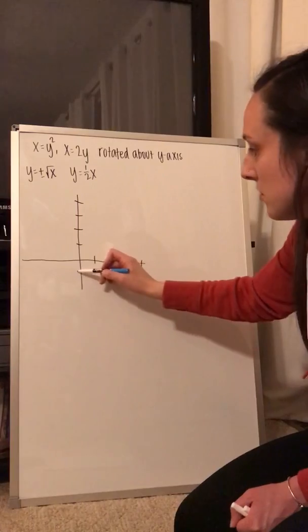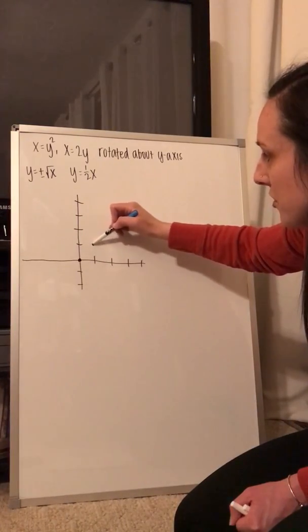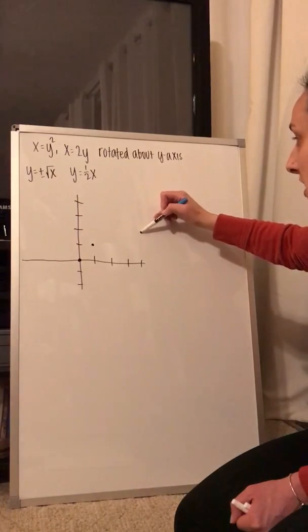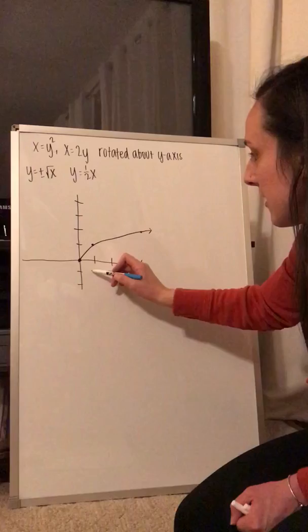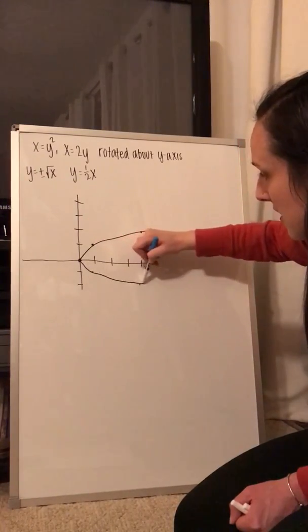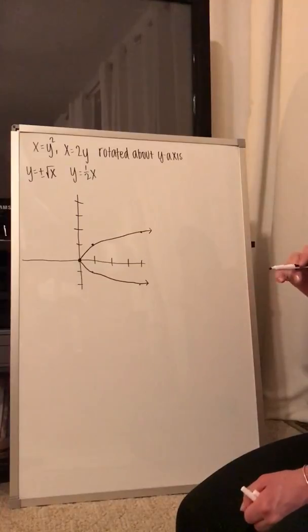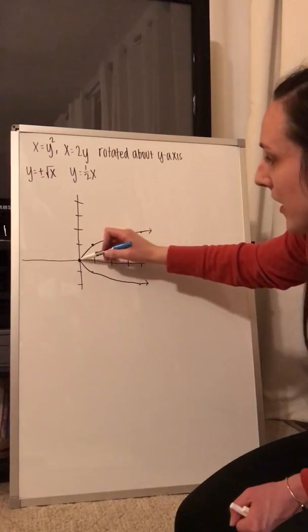So I'll do the plus or minus square root of x first. So I'll graph the positive square root of x. That'll look something like this. And I'll do the negative part down here. Should look something like that. And then if I'm going to graph y is equal to 1/2 x, my y-intercept is 0.